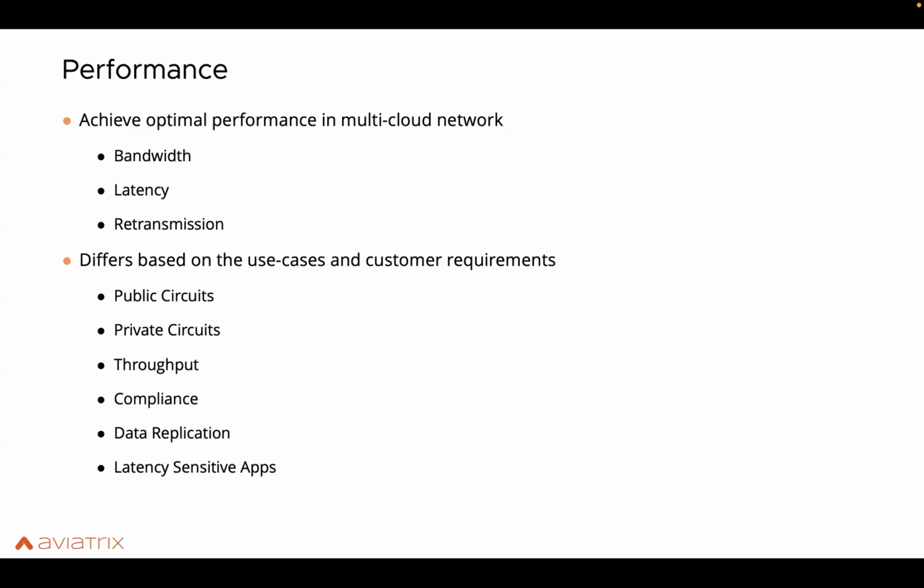You are going to incur more latency than in the private circuits. At the same time, your bandwidth, your throughput requirement may not be more than 1 gig. I'm just giving you some numbers right now. There are certain providers who can provide you 5 gigs of internet circuit as well. But just an FYI, the performance definitely depends on the use cases and your requirements.